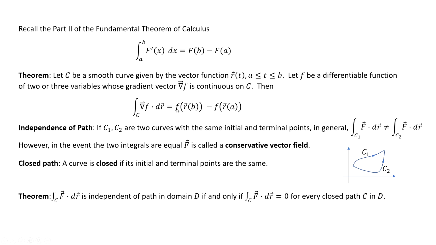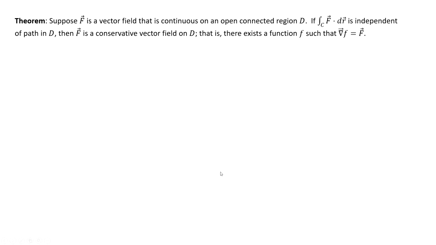You just evaluate this function f at the terminal point minus evaluate the function at the initial point. You're done. Okay, that's the beauty of this theorem. And I'll show you quite a few problems on this one. But before I do that, how do we figure out if vector field F is conservative?